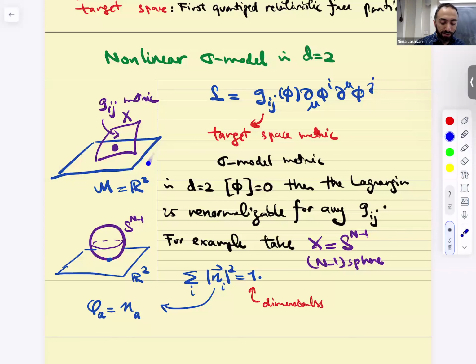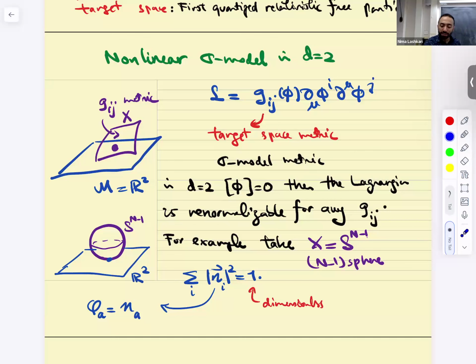So here's your world sheet, and at every point on the world sheet you have a field that takes values in space-time. There's a metric in space-time, Gij, which is like a metric in the internal manifold of the fields.